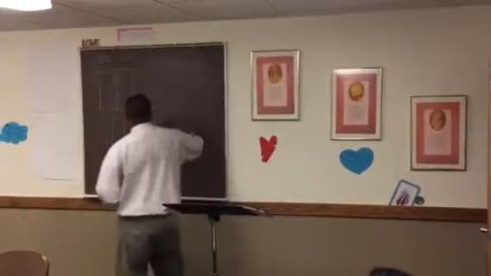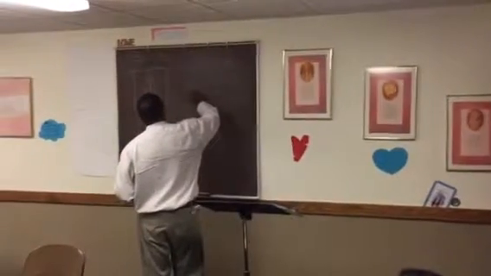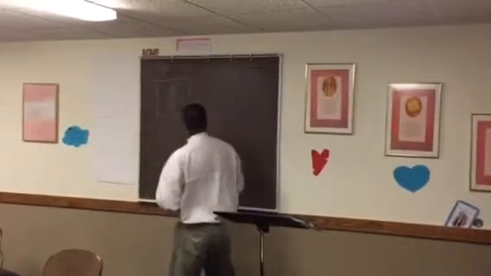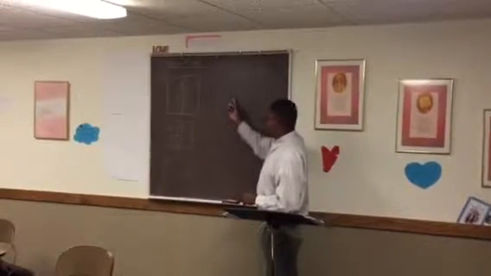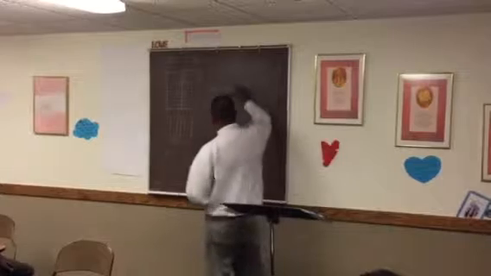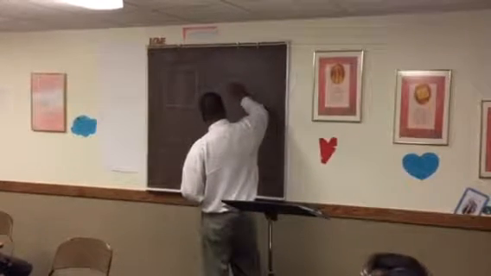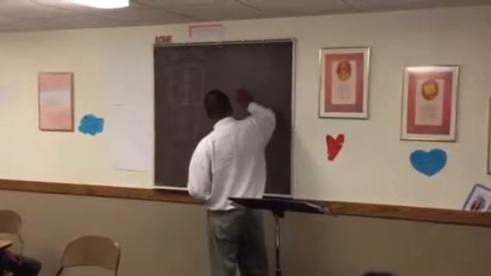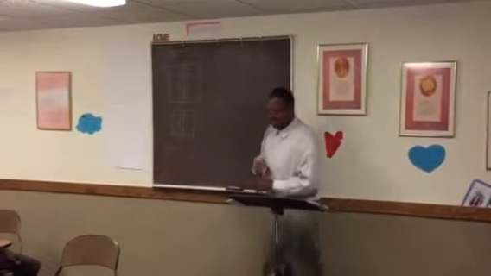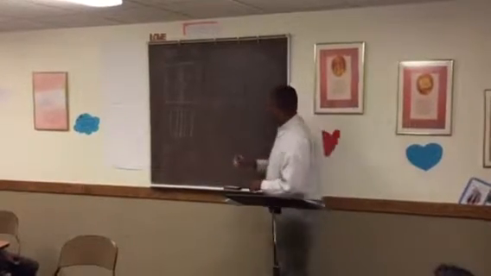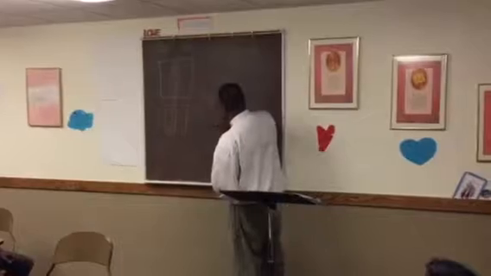For example, we have this big rectangle here. So what do we need? We're going to have some smaller rectangles here to balance that out. That's asymmetrical.